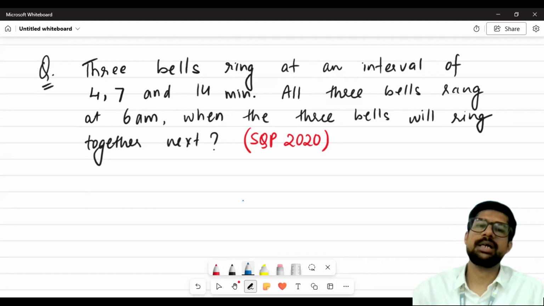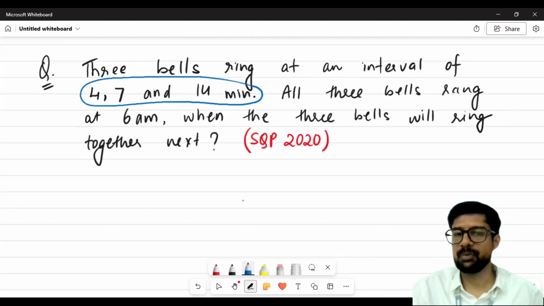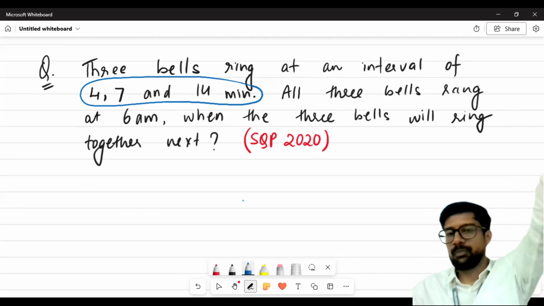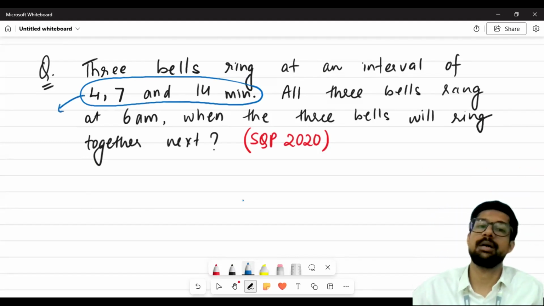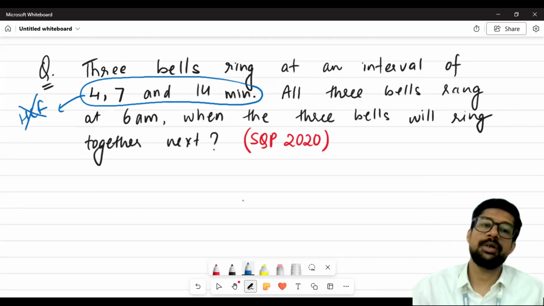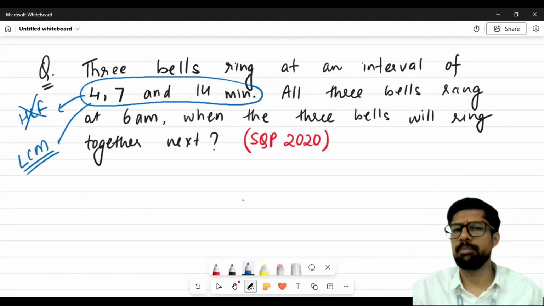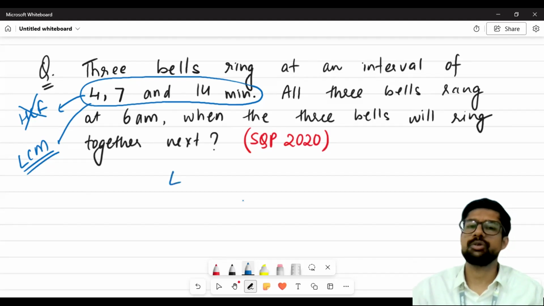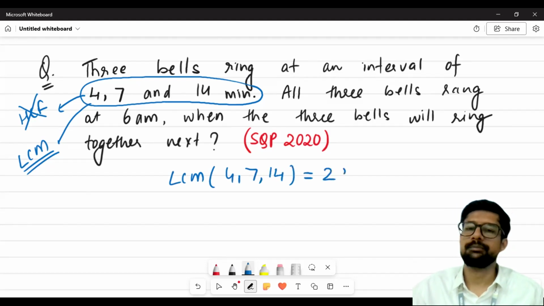हमने डिस्कस किया था कि बस ये चेक कर लिया जाए कि आंसर जो आना चाहिए प्रैक्टिकली वो इन तीनों से छोटा आना चाहिए या बड़ा आना चाहिए. अब इस वाले केस में क्योंकि एक बेल 14 मिनट्स के बाद बजती है, तो 4 मिनट के बाद या 4 मिनट से कम टाइम में उस बेल का बजना पॉसिबल है ही नहीं। तो एचसीएफ को तो अप्रोच कर भी नहीं सकते थे, और एचसीएफ उन तीनों में है भी नहीं, वन ही है। फिर ऑब्वियसली हमारा अप्रोच दूसरा बचा, टू वेंट फॉर द एलसीएम। और क्योंकि नंबर्स बड़े छोटे थे, देअर इन अ वेरी कंफर्टेबल जोन, आपका जो एलसीएम इन तीनों नंबर्स का आ रहा है, दैट इज 28। 4 sevens are 28, 7 fours are 28, 14 twos are 28.